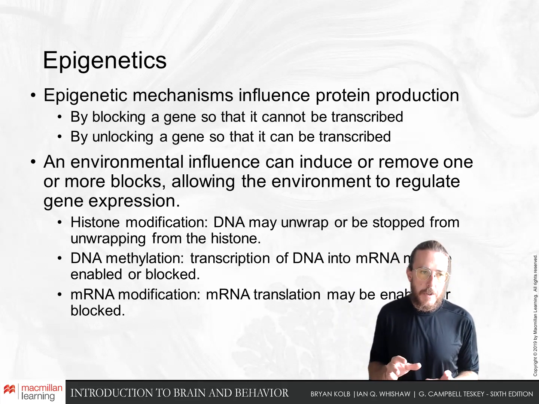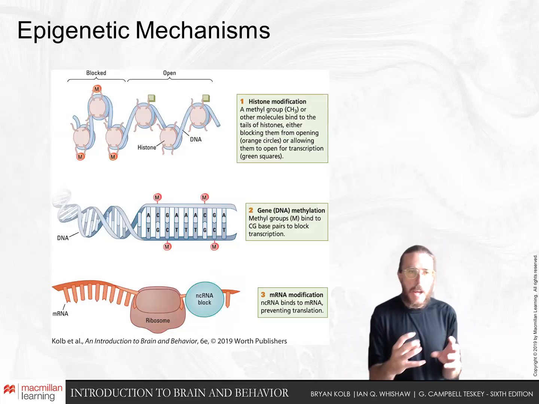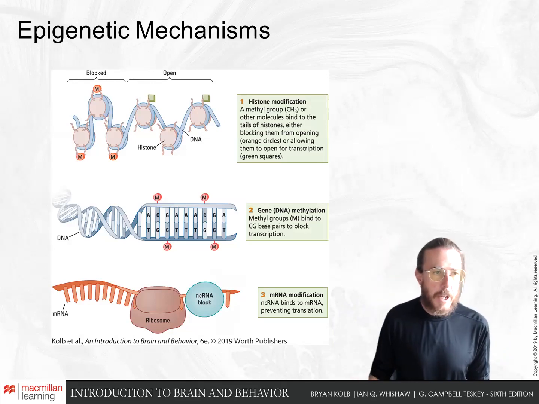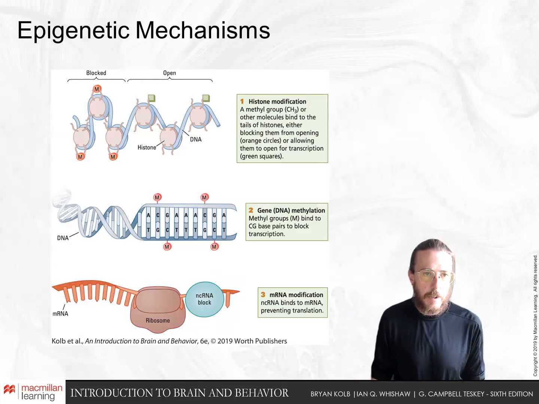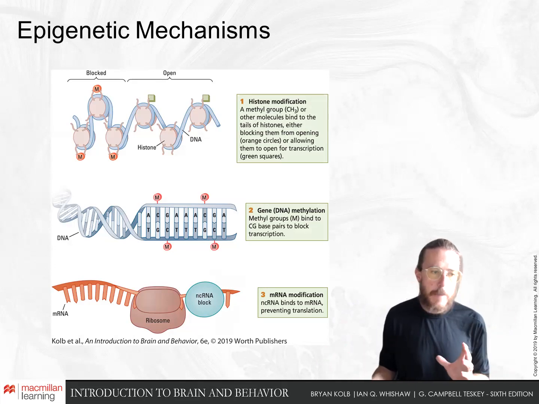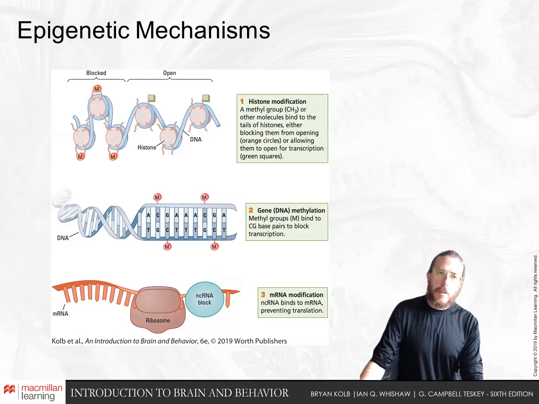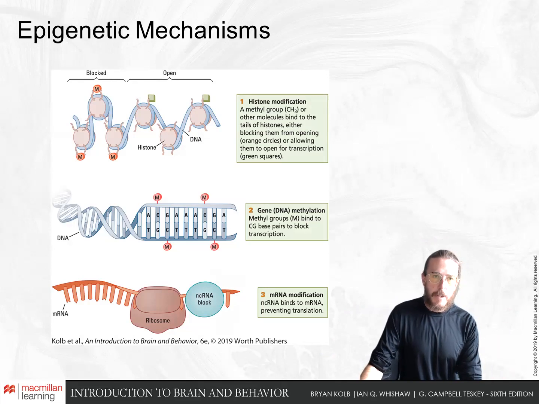And the environment can do this through some different methods, and three of them we'll talk about in the next figure here. One is that the DNA, when it's wrapped together in the chromosome, is wrapped very tight by these histones. When the DNA needs to unwind to expose a gene to be transcribed into mRNA, that can be inhibited by these methyl groups attaching to the histones.